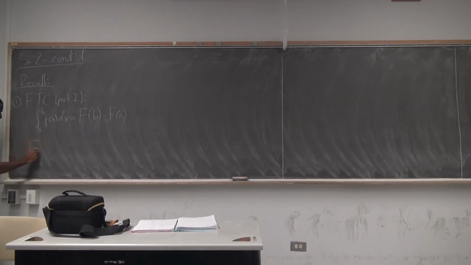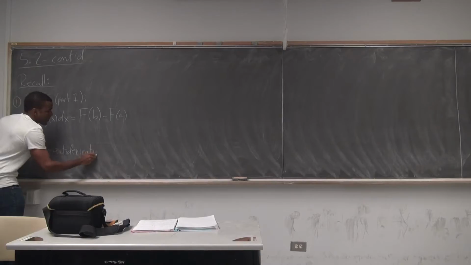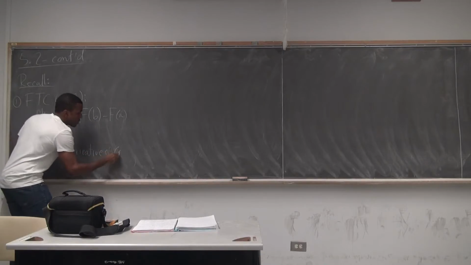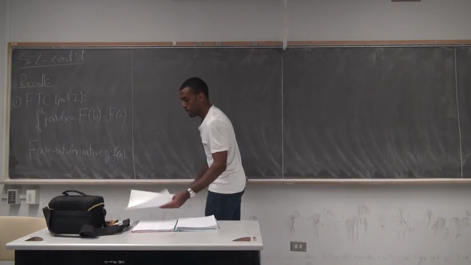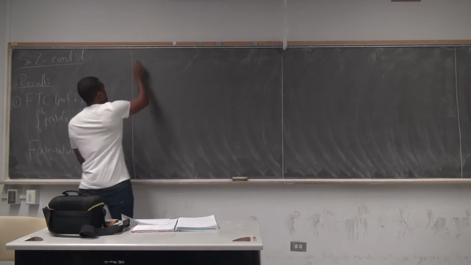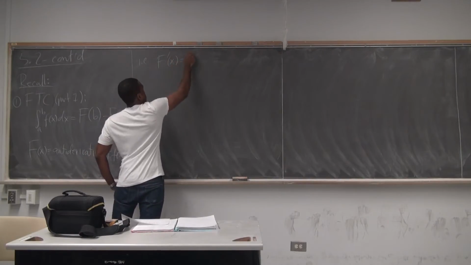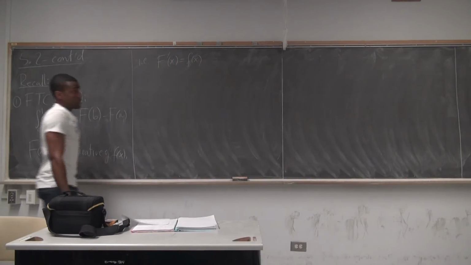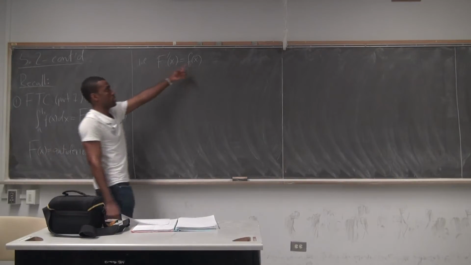Here, big F of x equals the antiderivative of f of x. It's a very important theorem. I.e., if you differentiate big F of x, the answer will be small f of x. That's what it means to be the antiderivative of something. For example, position is the antiderivative of velocity, because if you take the derivative of position, you get velocity.